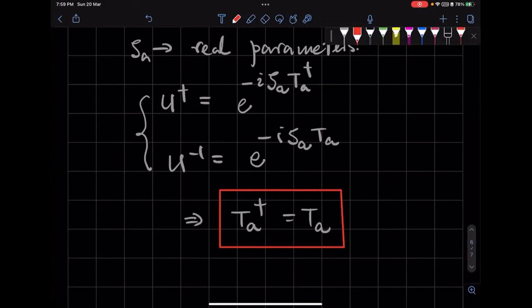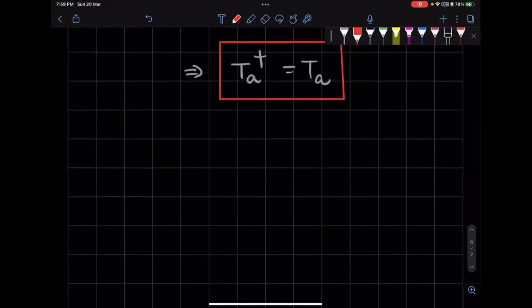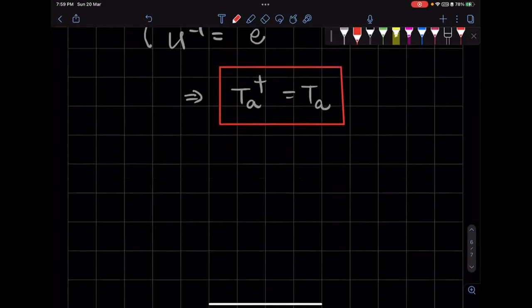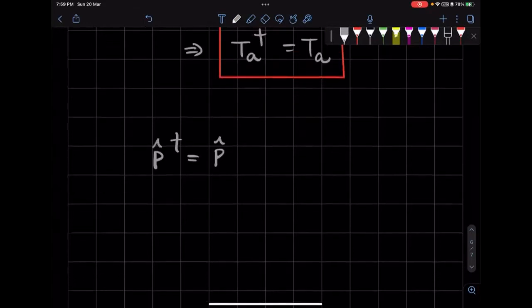So if, for example, a quantity is conserved in quantum mechanics, then you can show that there is a unitary transformation associated with that quantity, which is a symmetry of that quantum mechanical system. For example, suppose the momentum operator P, a Hermitian operator in quantum mechanics, and suppose you have a system where momentum is conserved.